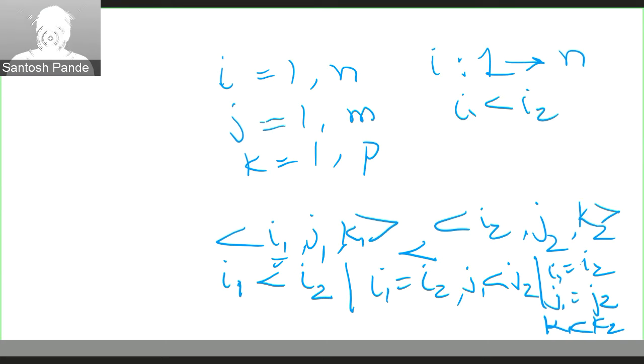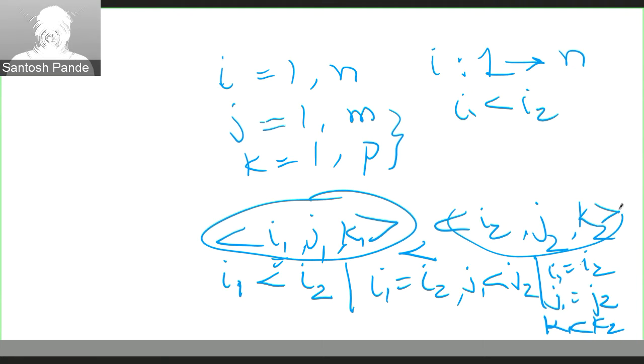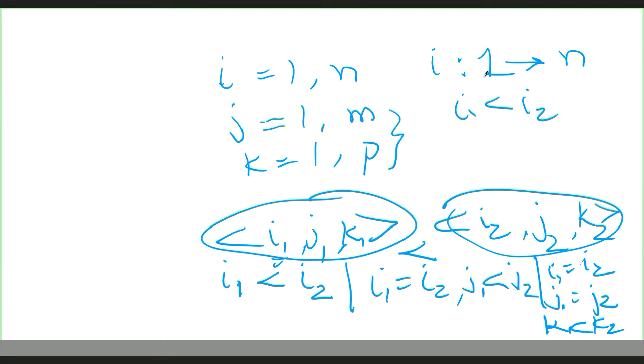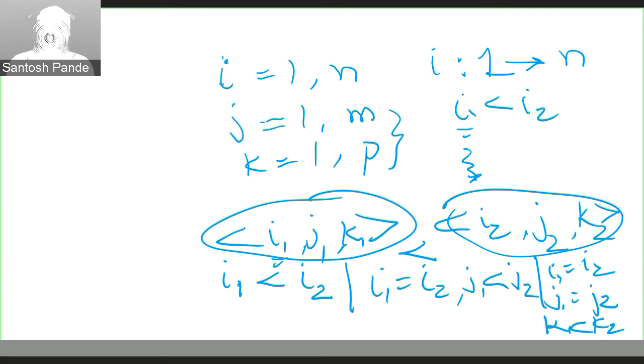And regardless of whatever occurs inside, you can see that in the overall iteration space, this iteration vector would occur before that iteration vector, because the I loop will go from 1 to I1 first, then execute for all the inside values of j and k, and then it goes further and executes at I2 for all the different values of j and k inside.